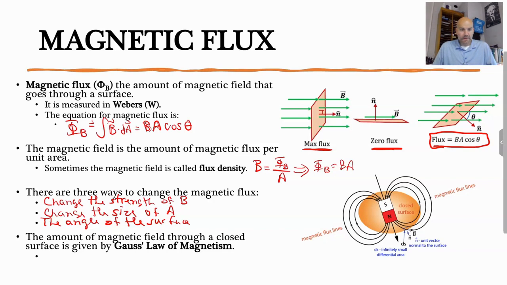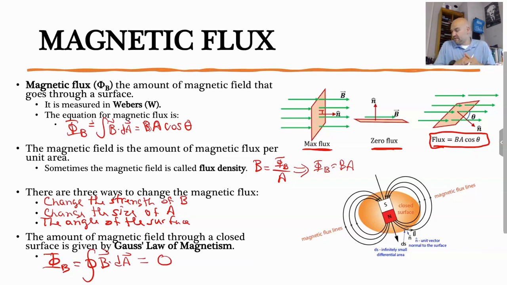I apologize for that. The amount of magnetic field through a closed surface is given by what is called Gauss's law of magnetism. So we say phi B is equal to the integral on a closed surface of B, excuse me, it should be B dot dA, which is equal to 0.